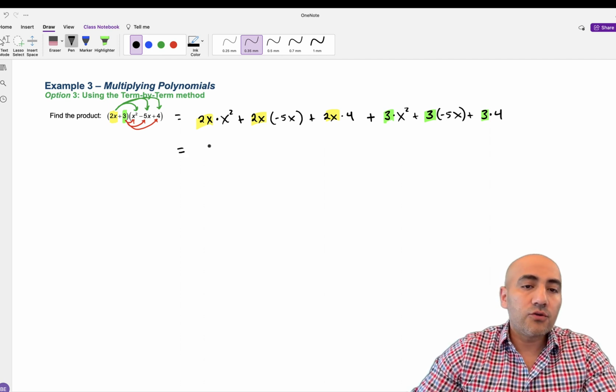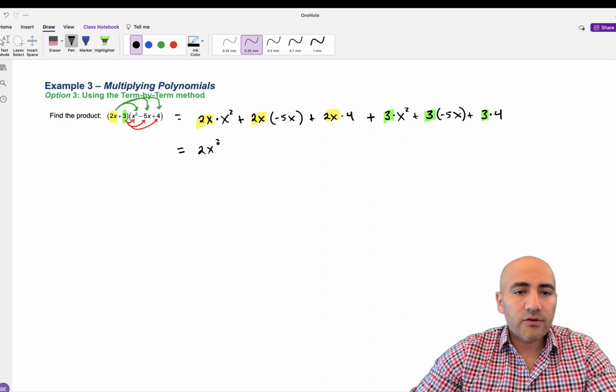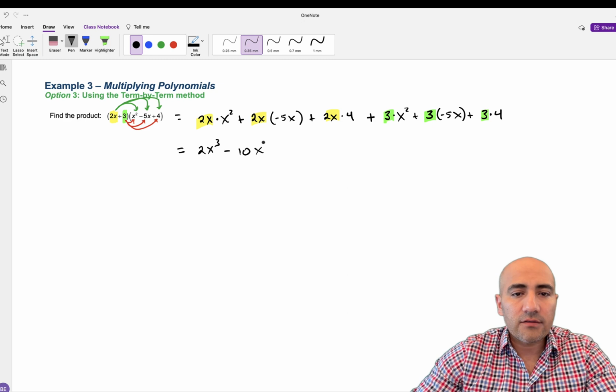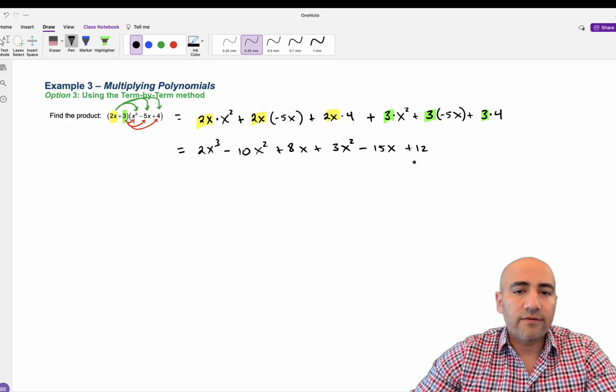So this would be 2x times x squared gives you 2x cubed. 2x cubed minus 10x squared plus 8x plus 3x squared minus 15x plus 12. Good.